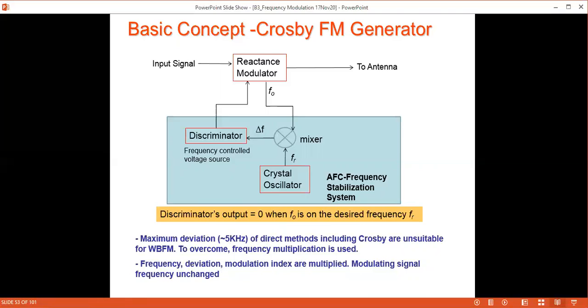Okay, so this frequency multiplication will multiply the input signal. So by doing this, the modulating signal, the FM, is not changed, but the carrier's frequency and the deviation and also the modulation index are multiplied. Okay, but the FM is unchanged.